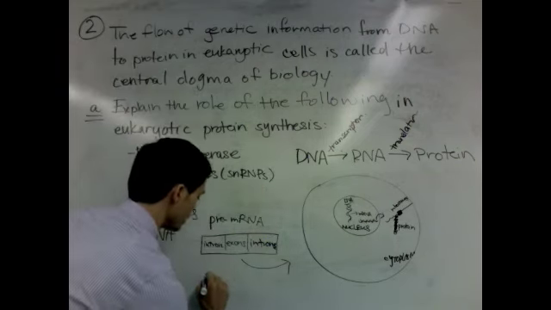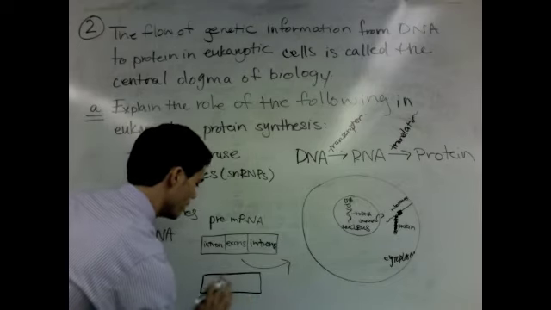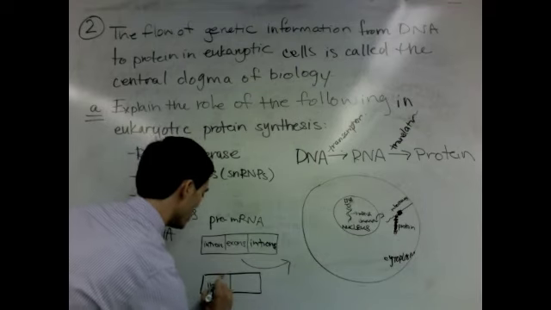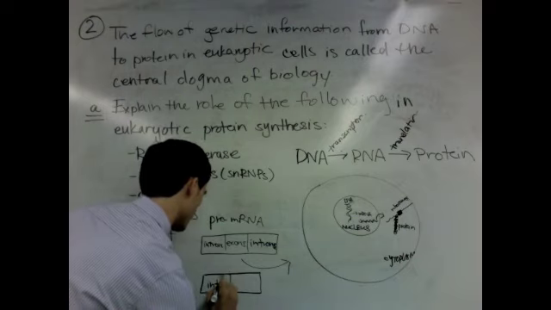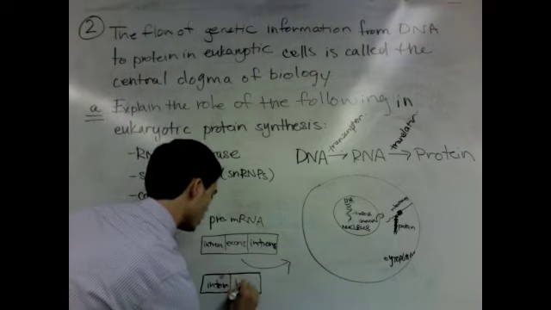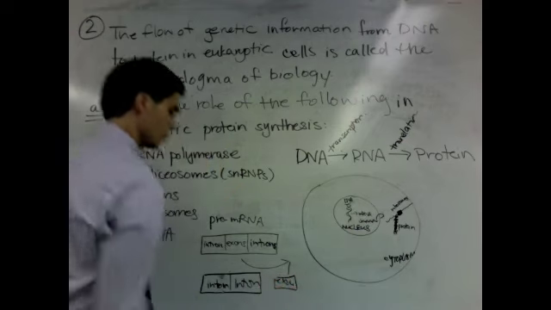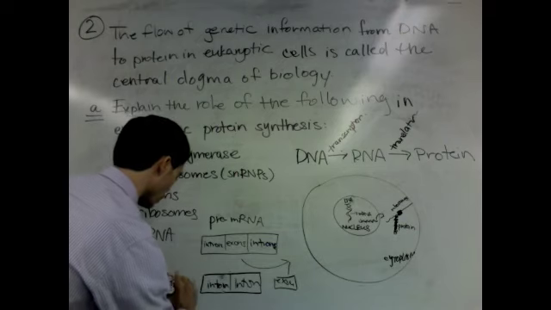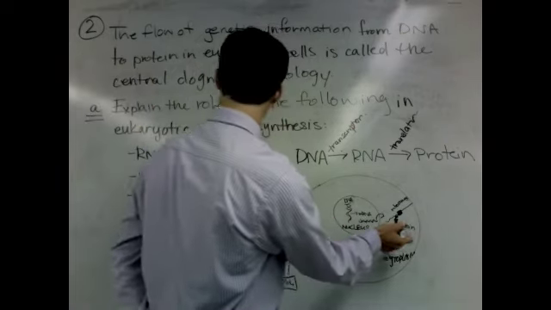So essentially, the spliceosome catalyzes the removal of introns so that we can ligate together the exonic sequences and get rid of the introns. This mature or messenger RNA then can move from the nucleus to the cytoplasm.